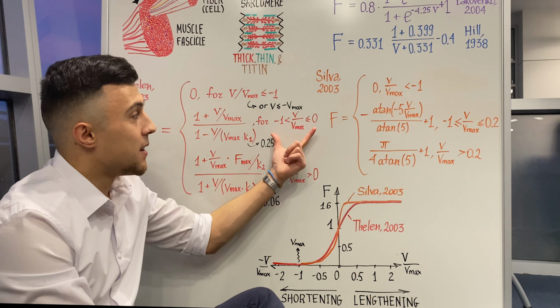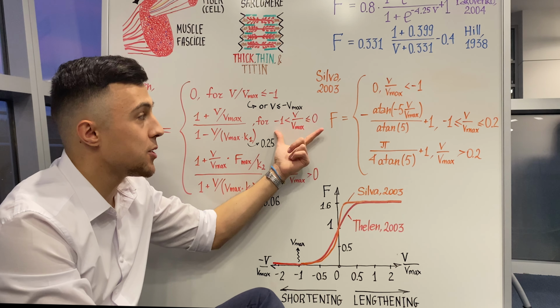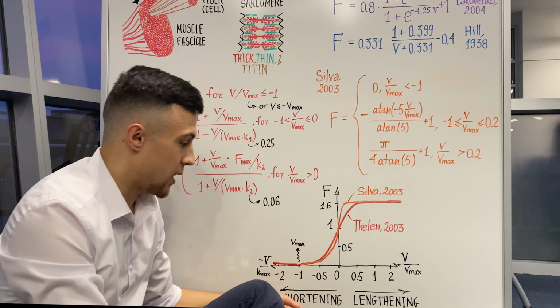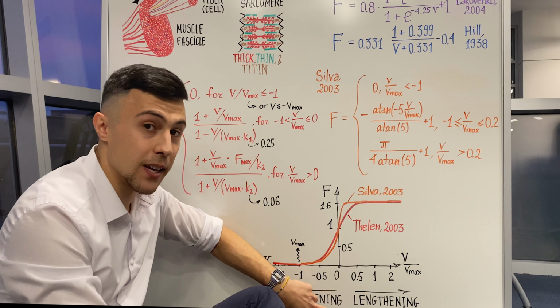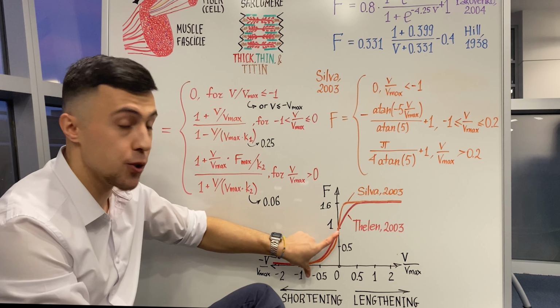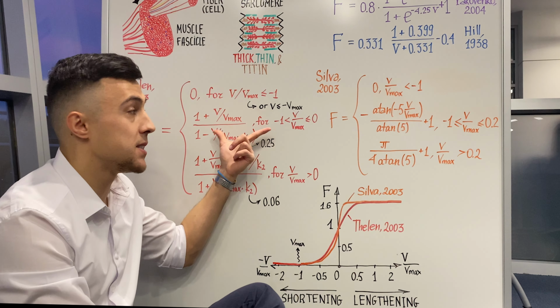So then what he's doing here is he's taking an interval from -1 to 0. That is where you observe muscle shortening, and fits a specific curve to this data right here. So the shortening will be modeled with this specific curve.